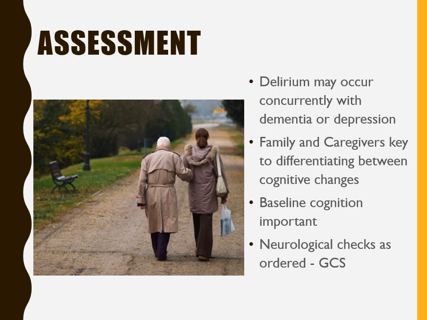My mother is more confused. So please believe the family when they tell you that the family member who is your patient is not at their baseline. That's why it's really important that you do that baseline cognition and that baseline neuro check right at the very beginning. So when your family notices the changes, you also notice the change as well.